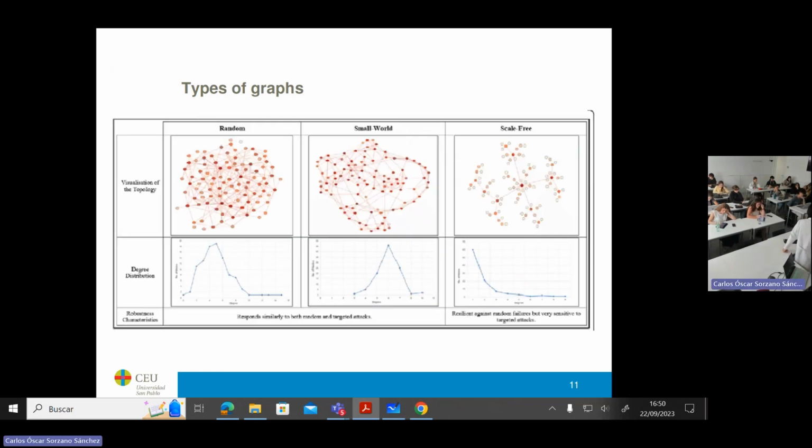Here you have the distributions of random, small world, and scale-free networks. Scale-free networks are bad in the sense that they are very sensitive to failures. If this node fails, all these subgroups become disconnected.